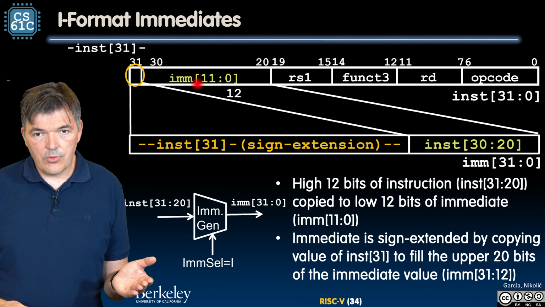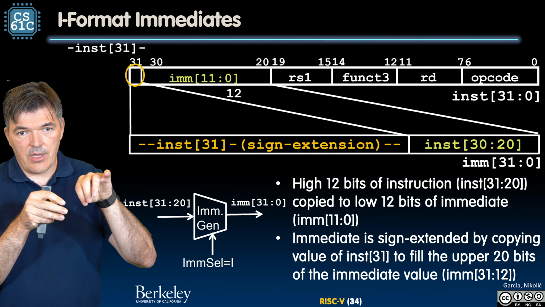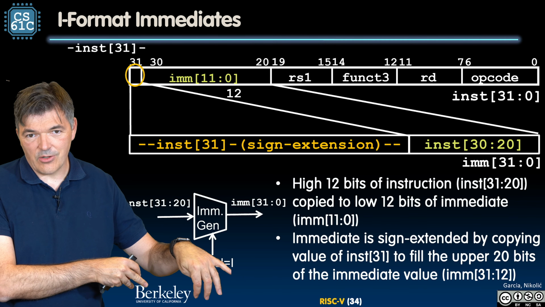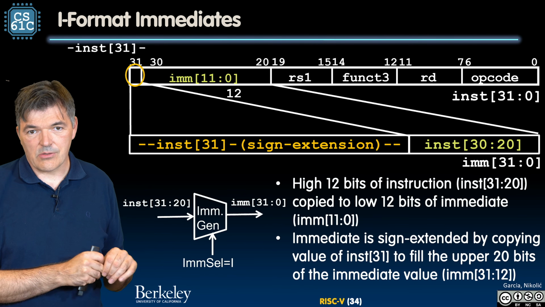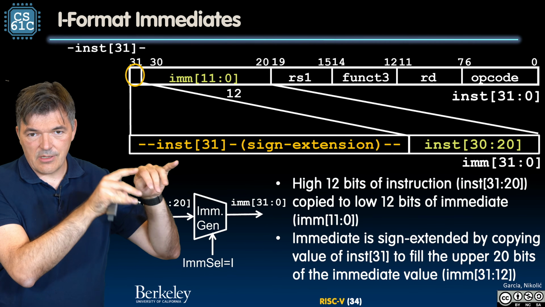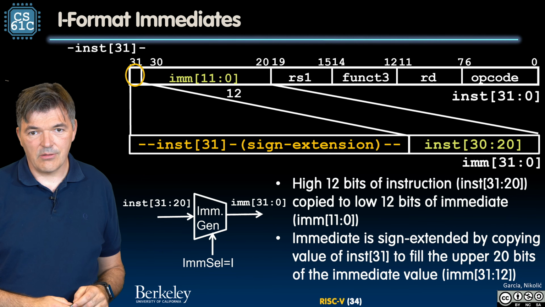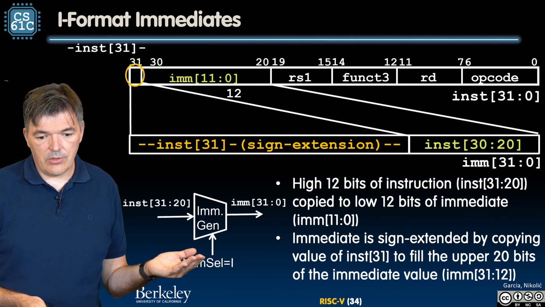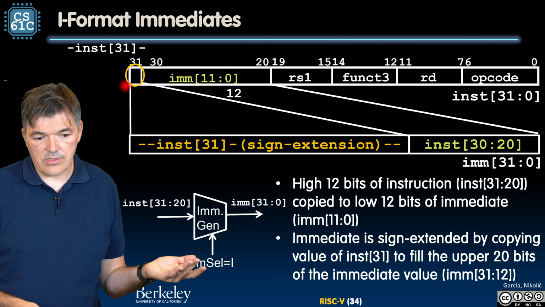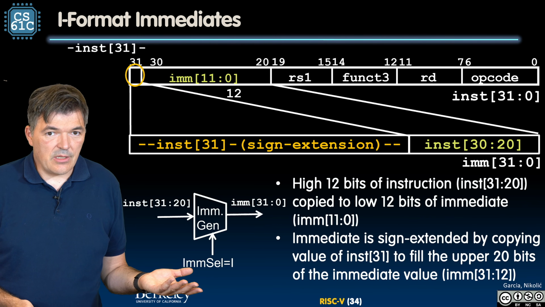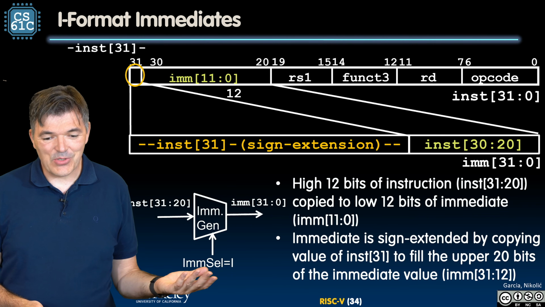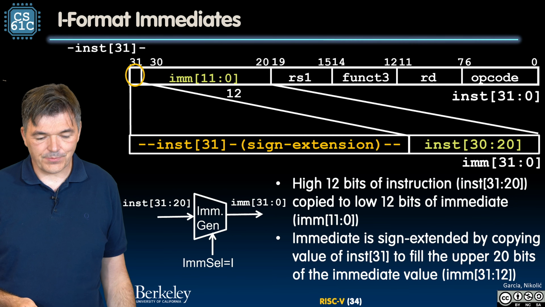So we would just take 12 wires and wire them down to the lowest 12 bits of the immediate. What do we do with the upper 20 bits? All we need to do is copy the most significant bit of the instruction field to perform sign extension. So we will just make 20 copies of that most significant bit of the immediate value.